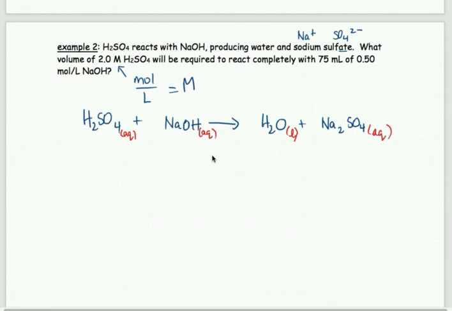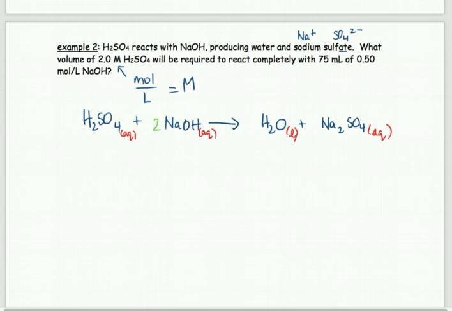Okay, and then the next step here is to have a balanced chemical equation before we start actually going through the stoichiometry part of this problem. Again, it doesn't matter which one you start with. I guess I'll start with sodium. So we have 2 sodiums here, so we need 2 on this side.